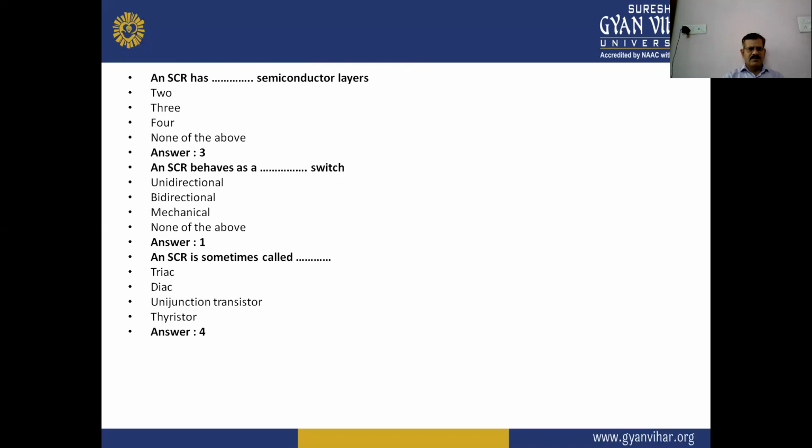Option third, mechanical. Option fourth, none of the above. So here SCR behaves as a unidirectional switch, because the flow of current in SCR is unidirectional. So a silicon controlled rectifier or thyristor behaves as a unidirectional switching device.